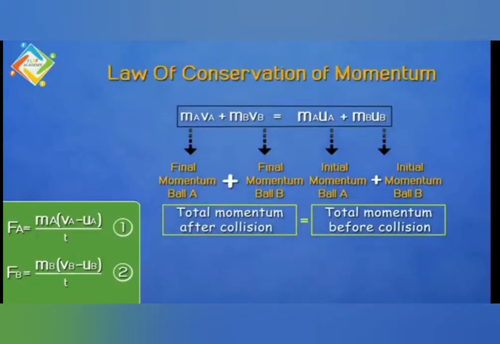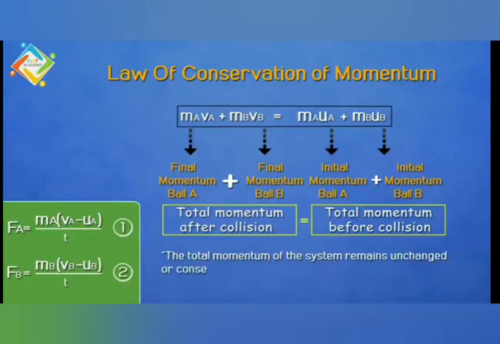So this is the law of conservation of momentum. Thus, from the above equation, we can say that the total momentum of the system remains unchanged, or conserved, provided no other external force acts on the system.